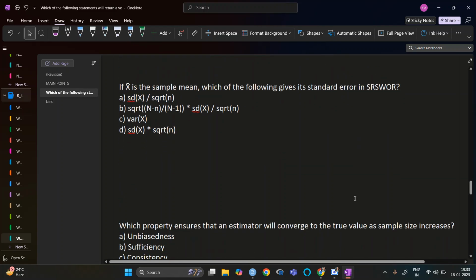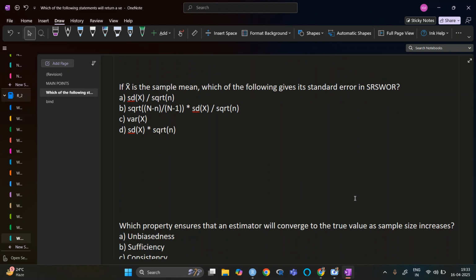The next is, if x bar is the sample mean, then which of the following gives its standard error in SRSWOR? Is the square root by n. This will be second one. Square root of N minus n divided by N minus 1. Yeah.